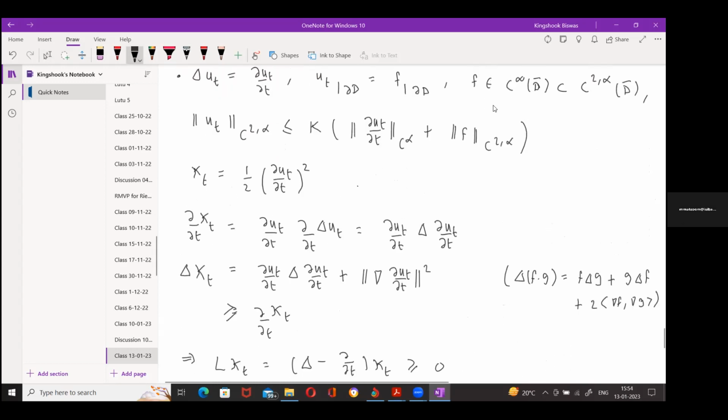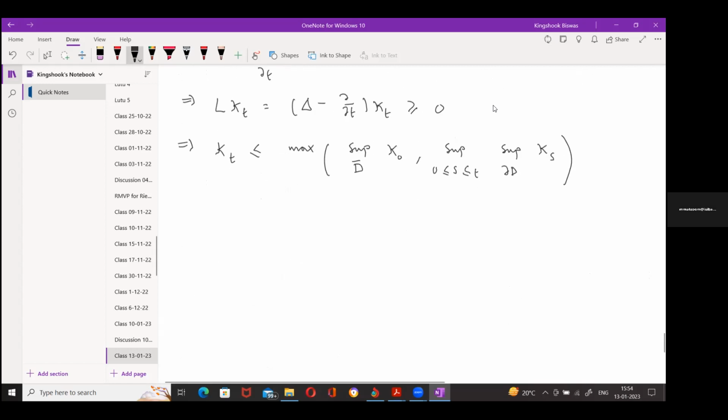So kappa T restricted to the boundary of D is 0, right? So this part which depends on time, this is 0. Okay, so only this part remains. So this is some constant C, independent of time.